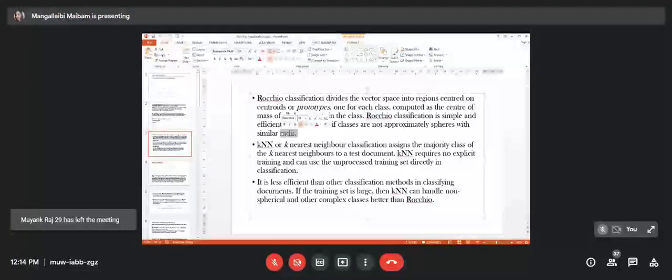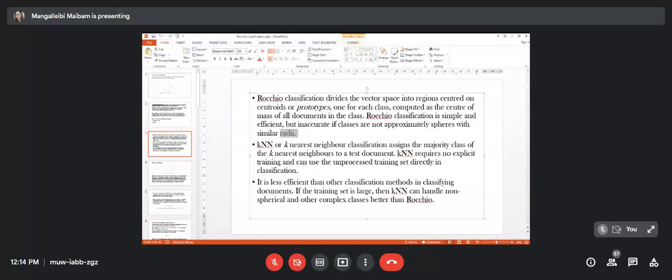That means we are going to separate the regions with a decision boundary, and when you don't find the radius for the region of all the documents with the center, then you may misclassify some documents in different classes. So the accuracy may be somewhat less if the classes are not classified properly based on the radius, because we are going to draw some regions for the respective classes.